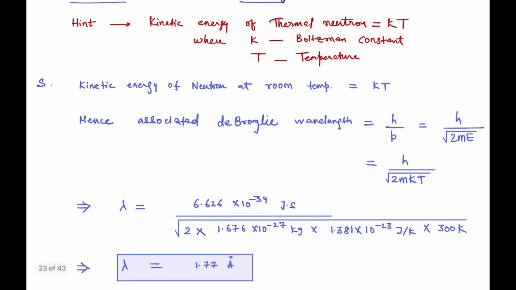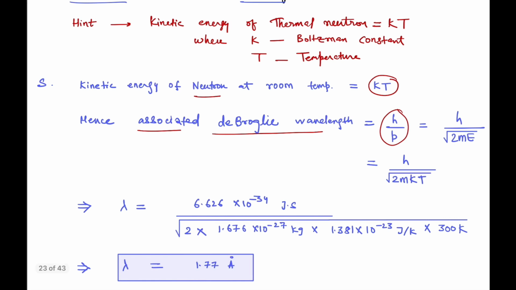So we know that kinetic energy of neutron at room temperature is going to be kT. You could directly find it from the formula in thermal physics, kinematics. So associated de Broglie wavelength is h by p, where p is momentum and momentum is actually under root 2mE.